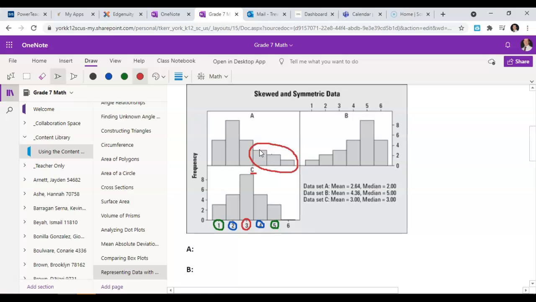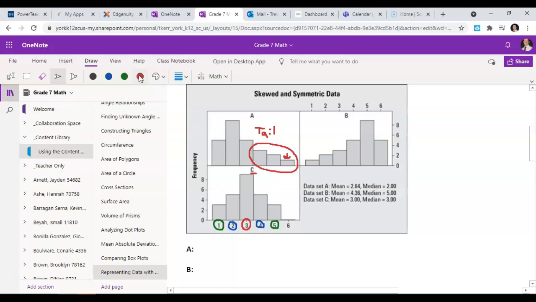And so we call this sort of longer line, a line that's longer than it should be, a tail. So I would say histogram A has a tail because this right here should have been over here if it was symmetric. And so I say it has a tail over there.